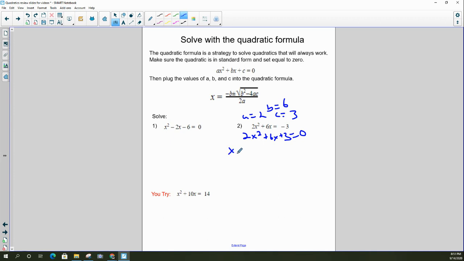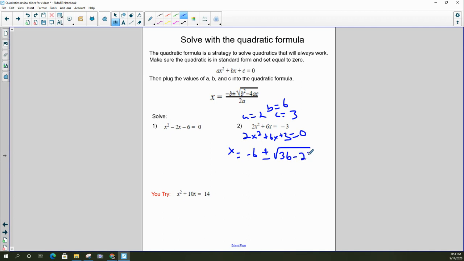So x equals negative 6 plus or minus 6 squared. So I'm just going to write 36. And it's b squared minus 4ac. So 4 times 2 is 8, 8 times 3 is 24.